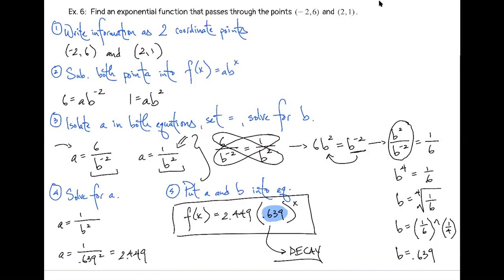So we're going to take these 5 steps and go back to example number 5 and give that one a try. So write the information as 2 points, sub both points in, isolate a, solve for b, solve for a, and then put everything into your equation.